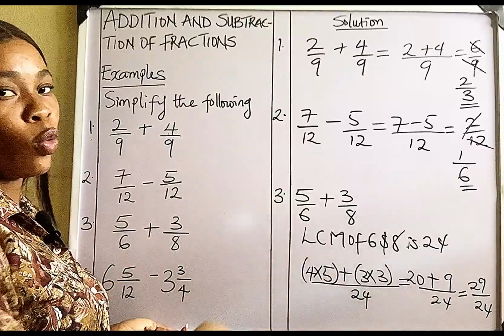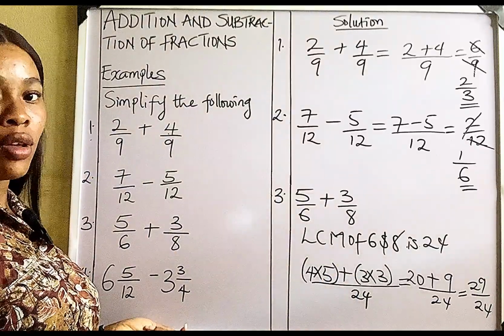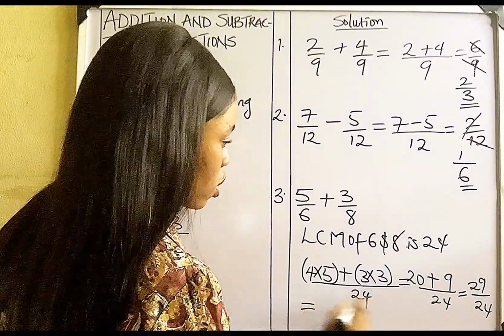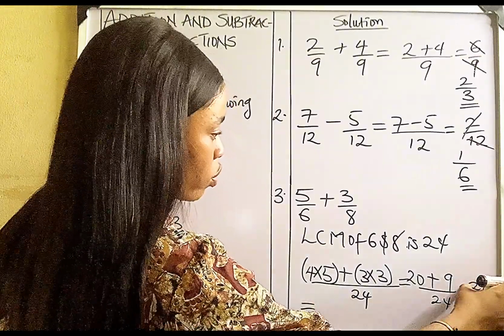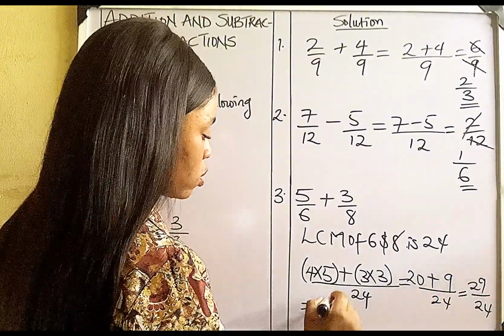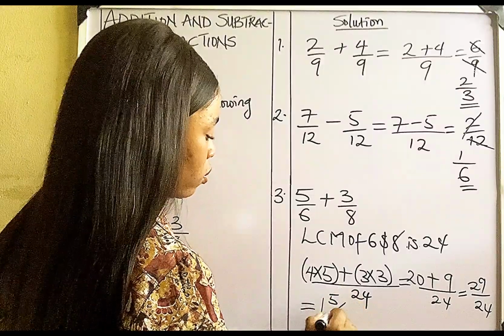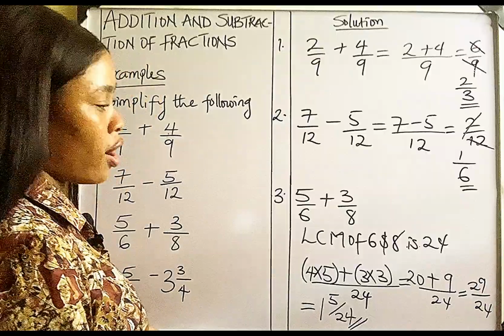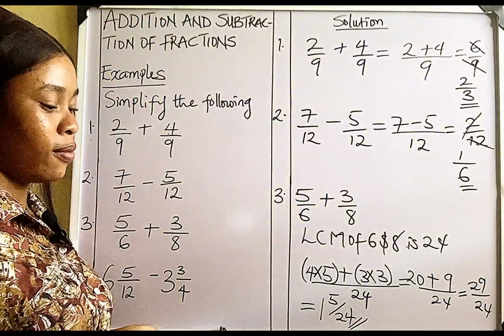So we convert it to a mixed fraction. How many times can 24 go into 29? Once, remainder 5, so 1 and 5 over 24. This is our final answer.